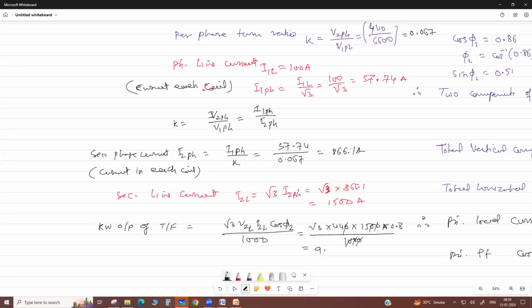It comes to 914.52. This is the kilowatt power.